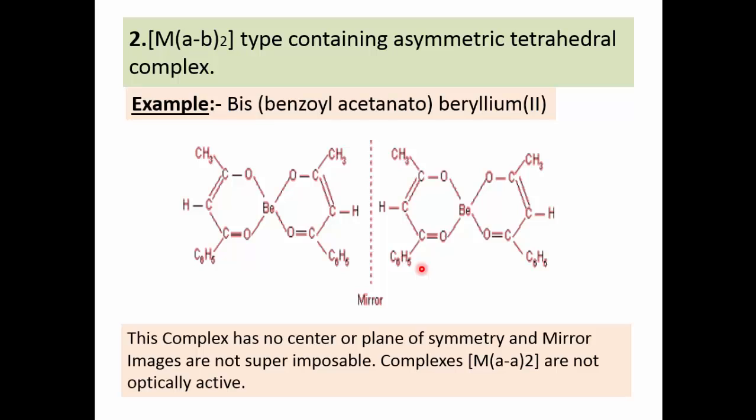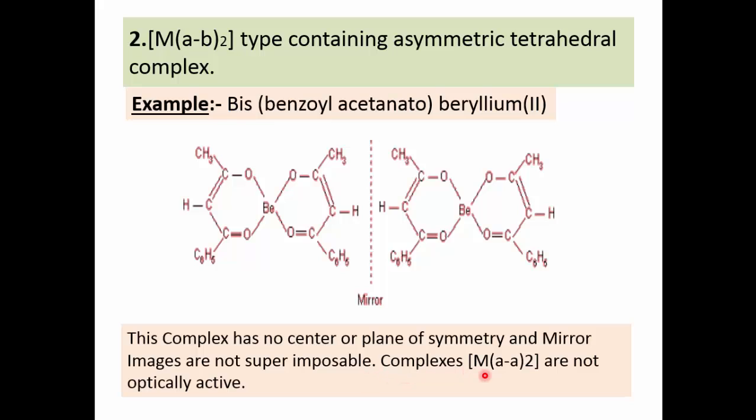So therefore, these two isomers show optical activity. Second reason is that this complex has no center or plane of symmetry. As we have discussed, their positions in the plane are different, therefore there is no center or plane of symmetry. Mirror images are not superimposable, just as we have discussed.